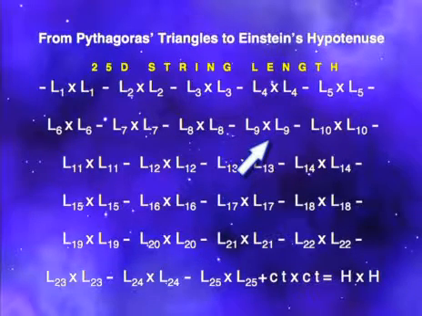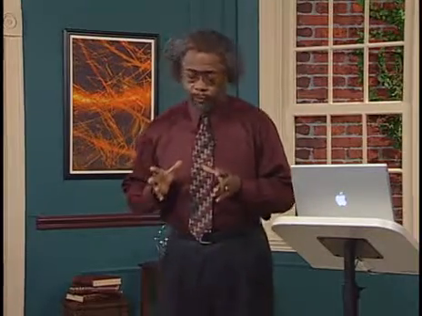Now, I have to reveal something to you that I've kept secret before now. You see, each one of these L's really is a mathematical entity that we find in string theory. So when we talk about the string being 25 dimensions, in fact, there are 25 mathematical objects that you need to talk about the string. Now, the important thing of this observation is it means that a string is really more like a stringed instrument. It's not like a single strand at all.